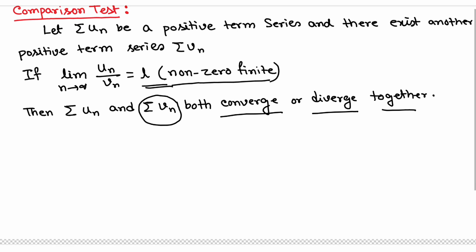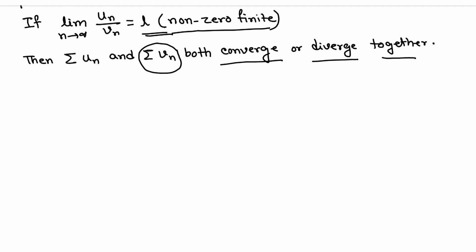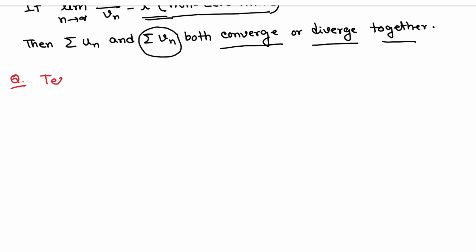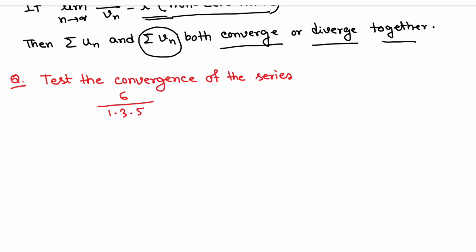So let's solve using a problem. Question: test the convergence of the series 6 by 1 into 3 into 5 plus 8 by 3 into 5 into 7 plus 10 by 5 into 7 into 9 plus dot dot dot.